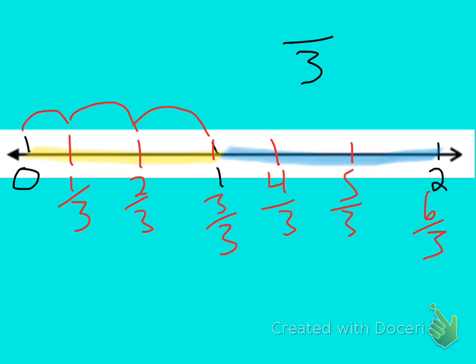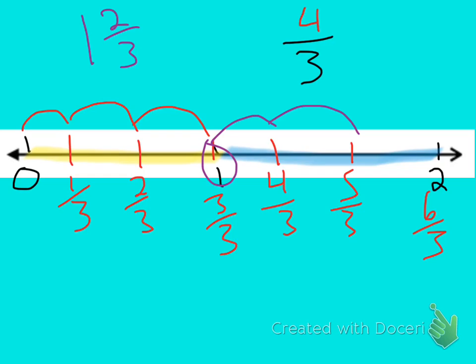Okay, now let's say I want you to mark 4/3 on the number line. You just mark it right there, 4/3. The other way that we can label this is with whole numbers. So if I wanted to know where 1 whole and 2/3 is, there's my 1 whole, and then I count 2 more thirds after that. So 1/3, 2/3.